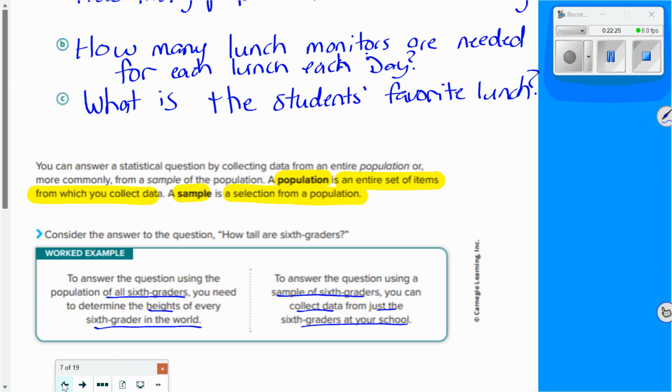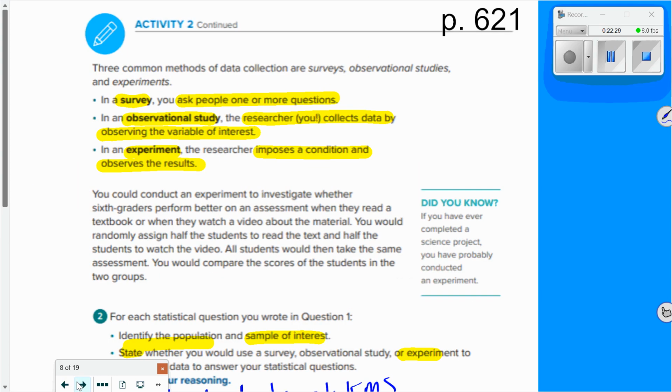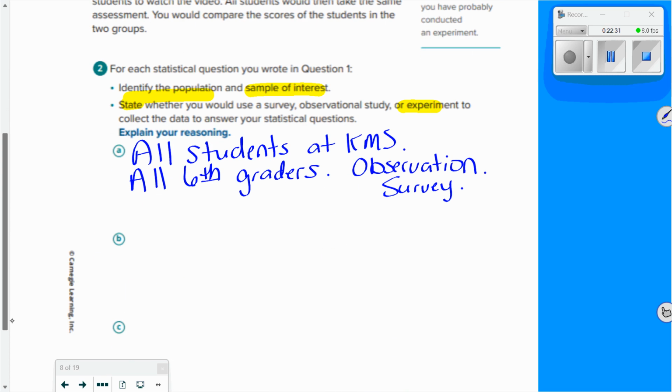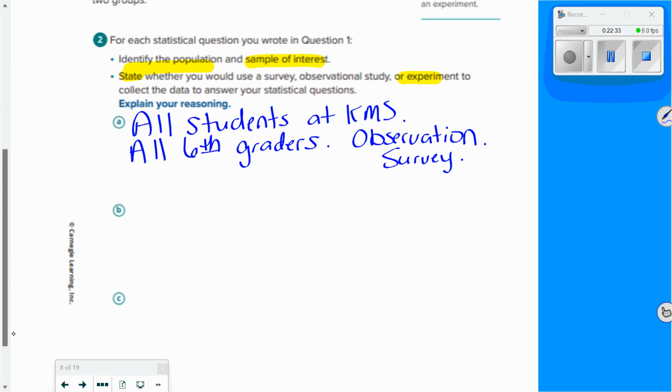Our second question was how many lunch monitors are needed for each lunch each day? So, what is our population? All lunch monitors. What is my sample?